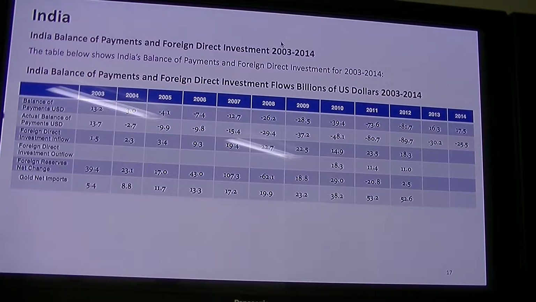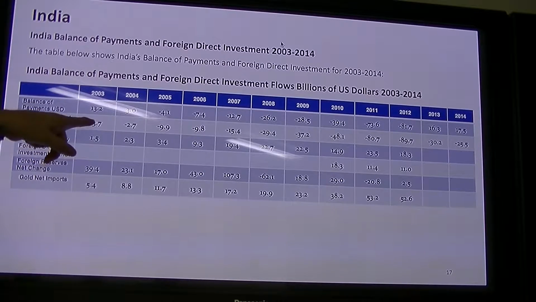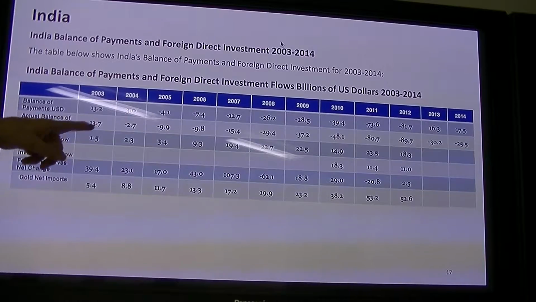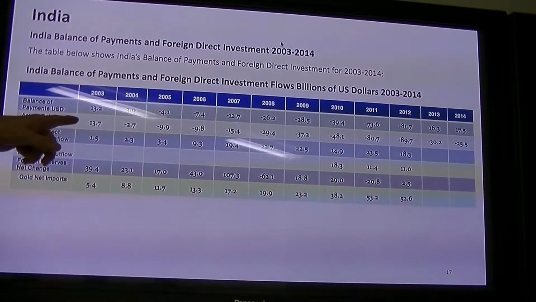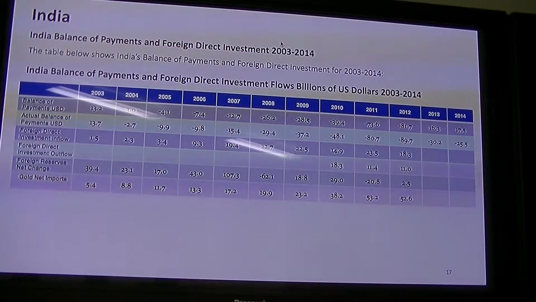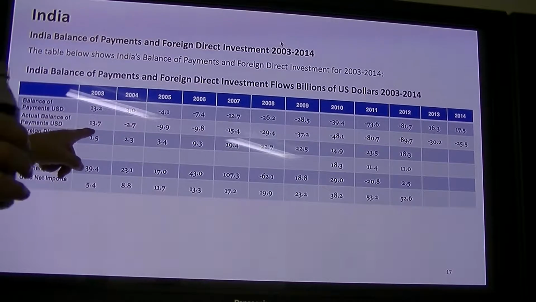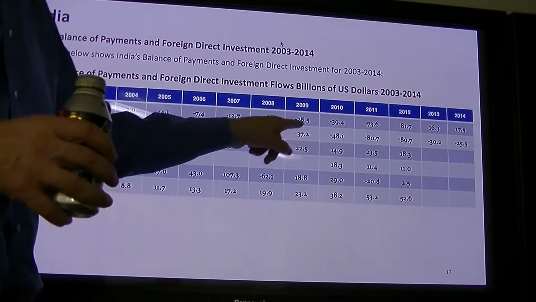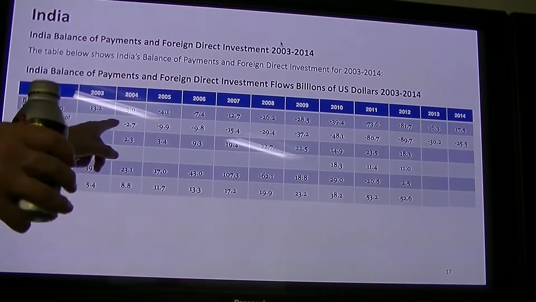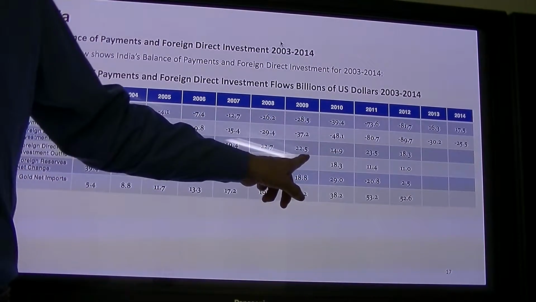So what I did was say, here's the balance of payments in US dollars, and here's the actual balance of payments as reported. Then I wanted to look at foreign direct investment, because it is going to explain, if there's a deficit, where some of that is coming from.